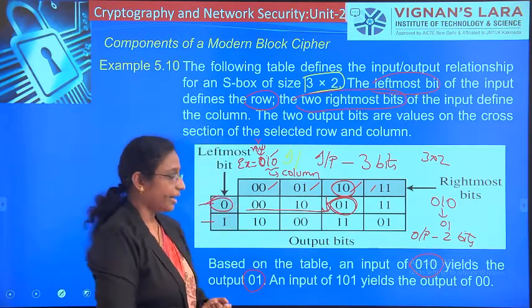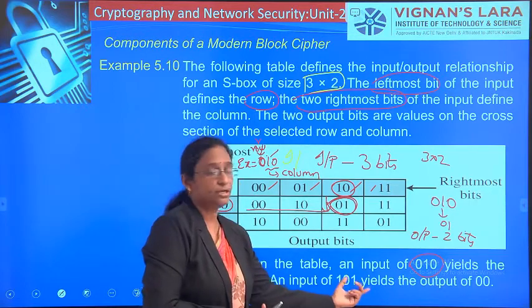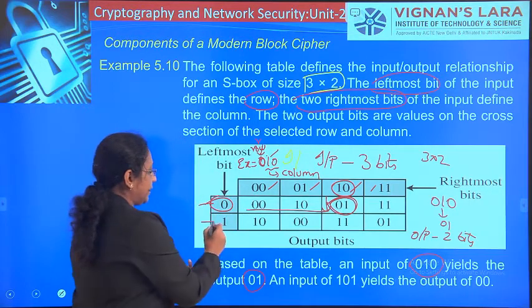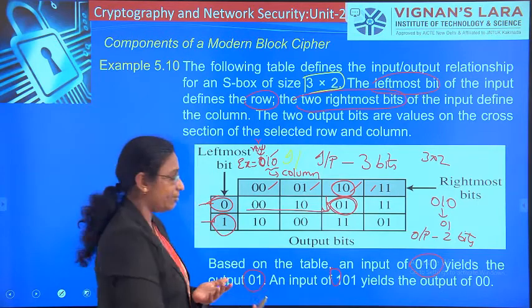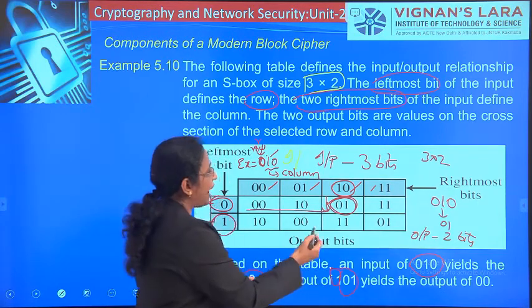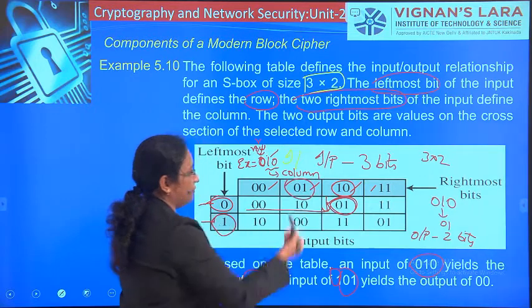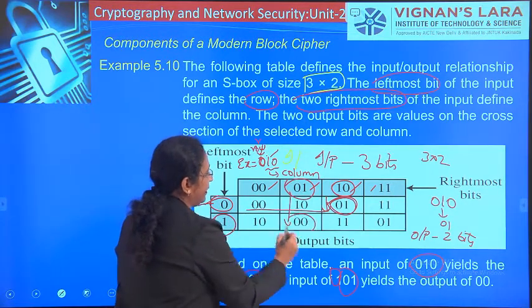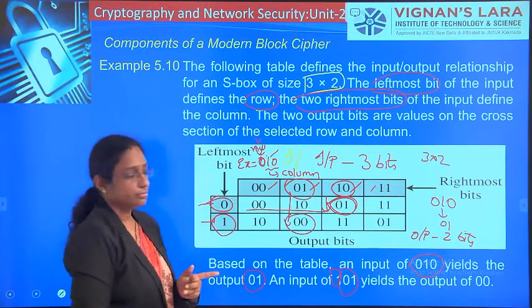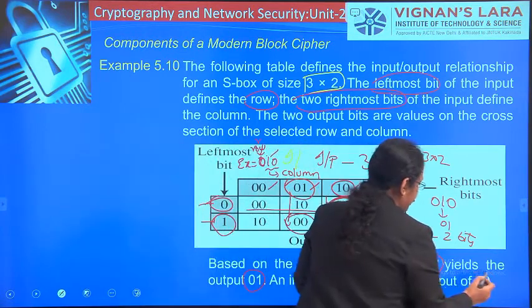Similarly, if you take 1, 0, 1, your leftmost bit is 1 and your rightmost bits are 0, 1. Mapping 1 with 0, 1, you get an output of 0, 0.